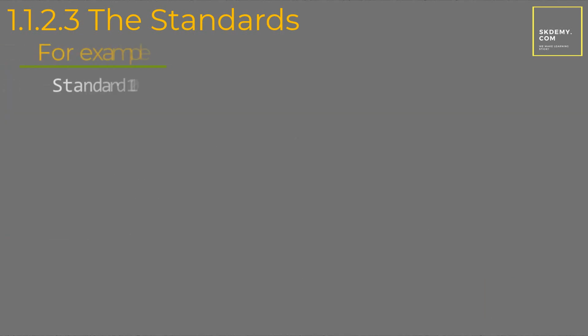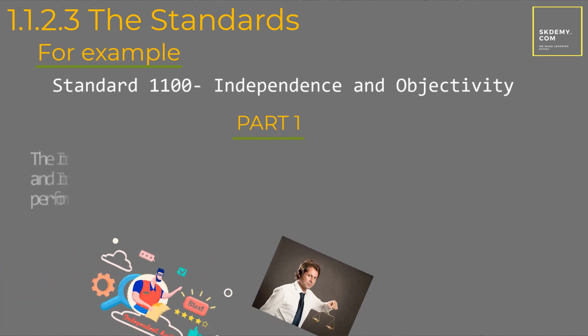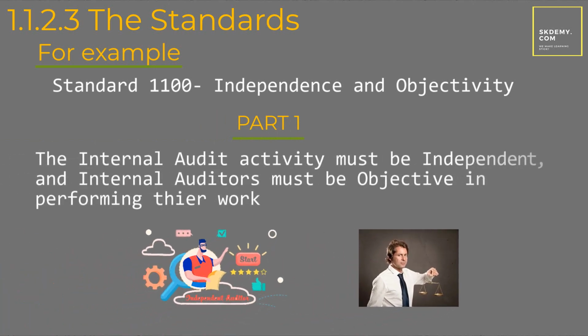For example, the first part of Standard 1100, Independence and Objectivity, is simply: the internal audit activity must be independent and internal auditors must be objective in performing their work. See how it just mentions what must be done or achieved?